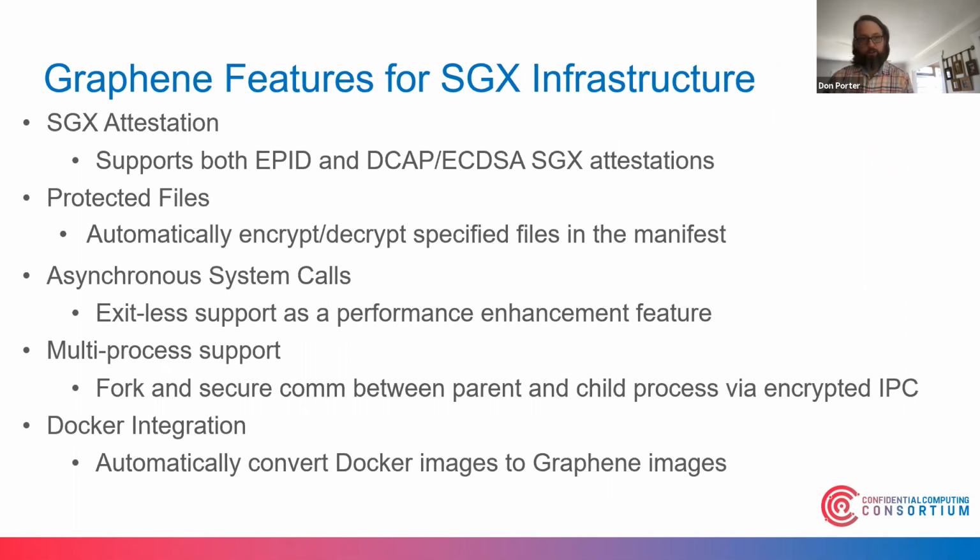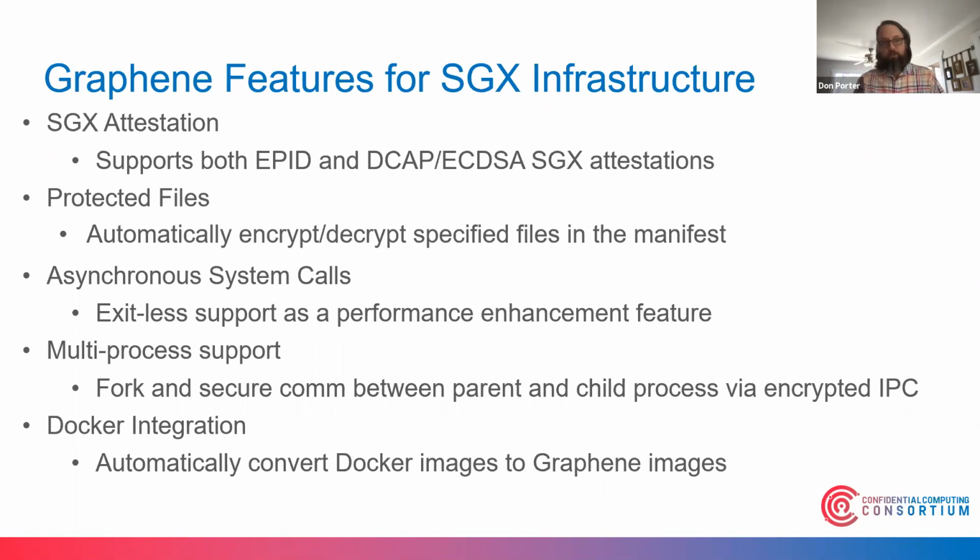Some other useful SGX features that Graphene supports. So first of all, we have support for SGX attestation, both the EPID and DCAP models. So this is for demonstrating to either a local or remote party that you're running the computation you think you are.